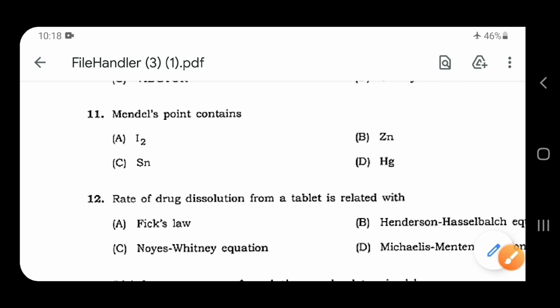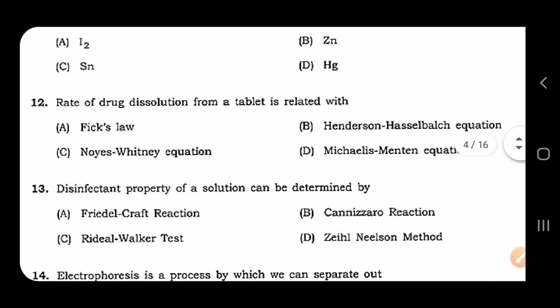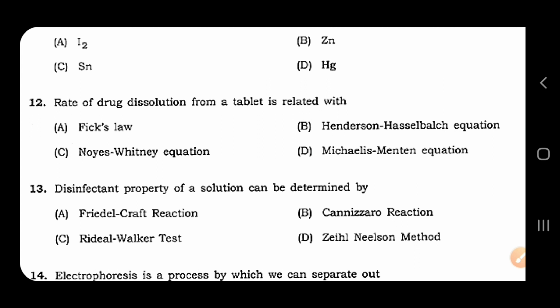Next is question number 12. Rate of drug dissolution from a tablet is related with Fick's law, Noyes-Whitney equation, Henderson-Hasselbalch equation, Michaelis-Menten equation. Here Fick's law is related to diffusion.